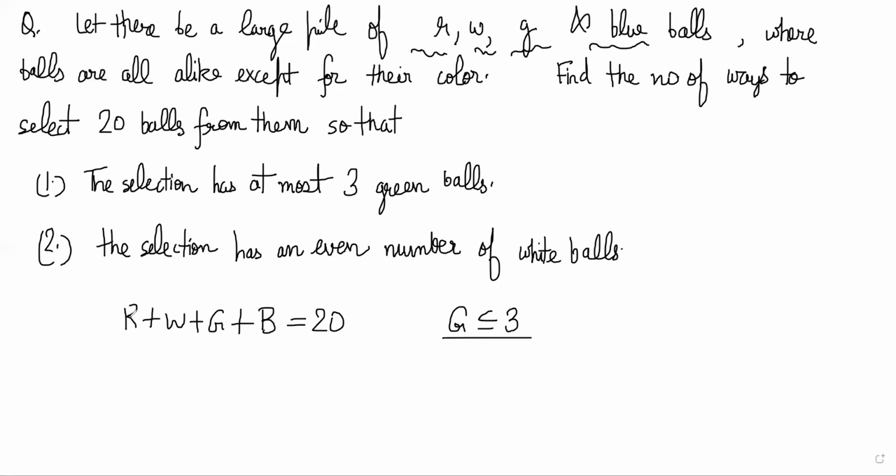And everything else will be greater than or equal to 0. So the number of ways to select is basically the number of ways to solve this equation keeping G less than equal to 3. Do you know how to find out the number of ways to solve this equation?